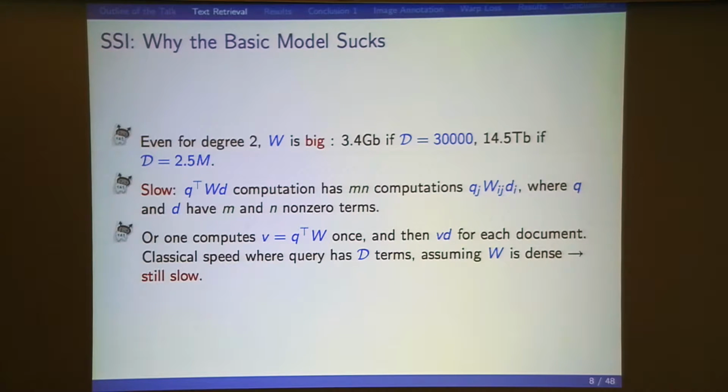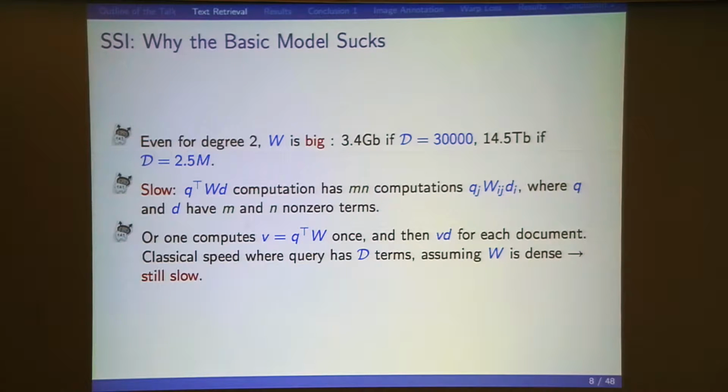So why does this naive model suck though? It's too big, because this big W matrix I showed you, supposing we have 30,000 words in the dictionary, it's already 3 gigabytes, and 15 terabytes if we have 2.5 million words, which we will in some Wikipedia experiments that I'm going to show later.